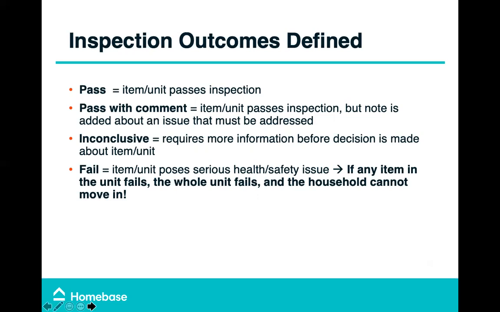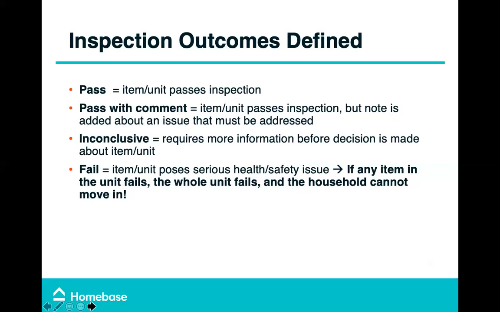These terms apply to both individual items needing to be checked, for example, a kitchen sink, and they also apply to the entire decision about the unit. So for example, the stove might pass or the kitchen sink might pass because they're functional, but the entire unit might fail for other reasons. So there could be individual passes and overall passes.